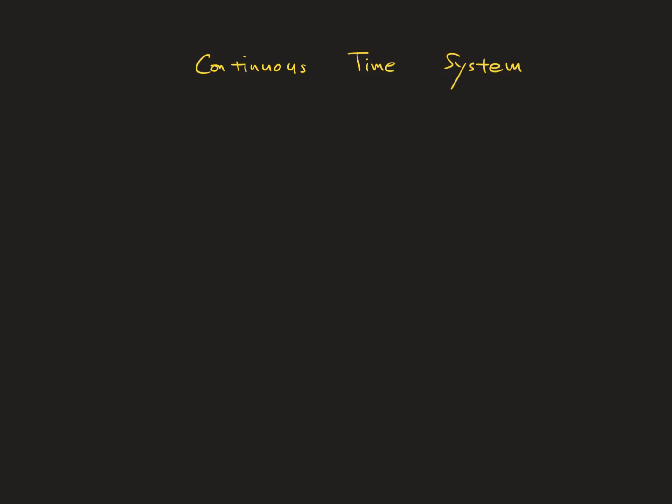I hope so. You did it before. In this case, u of t will be c times e to the at. If you plug in, you can verify that easily.